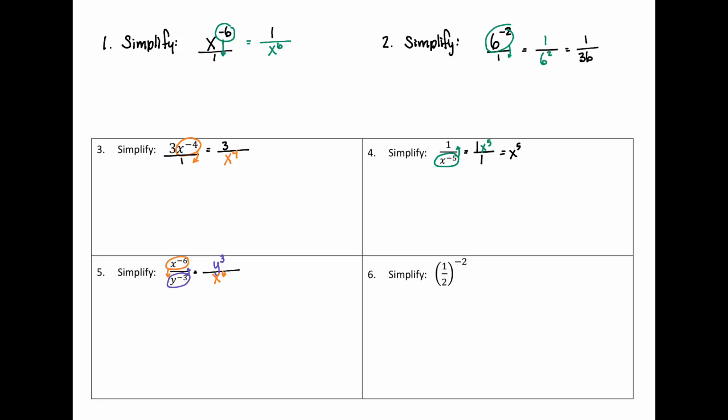Okay, number 6. This one gets crazy unless you know the one trick that we talked about earlier. So that means this whole thing has to go downstairs. So does it look like this? 1 over 1/2 to the positive 2nd?